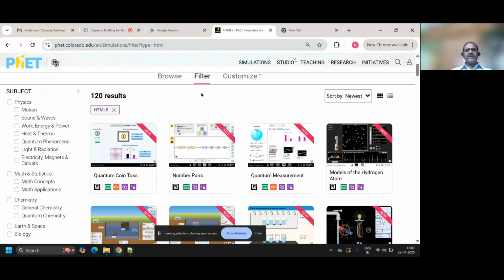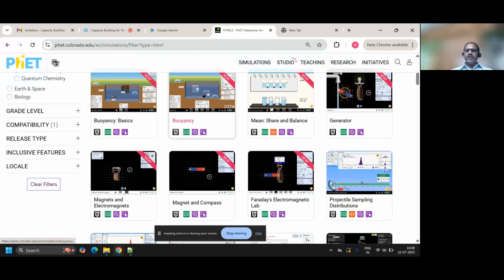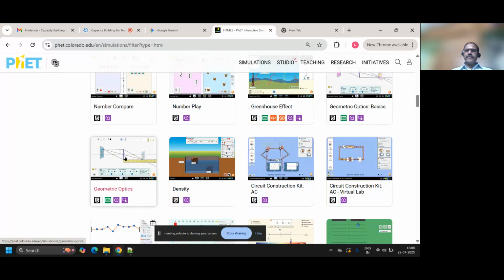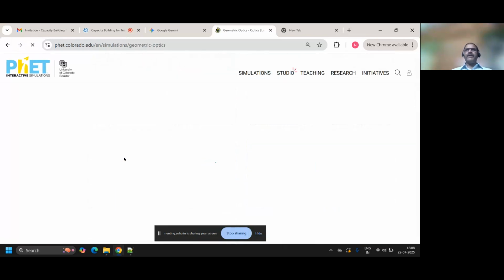It's pretty standard. Using these simulations, you don't have to feel that this has to be learned only by a 12th student. Today, first I'm going to take optics, lens.